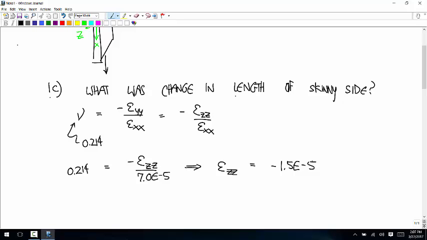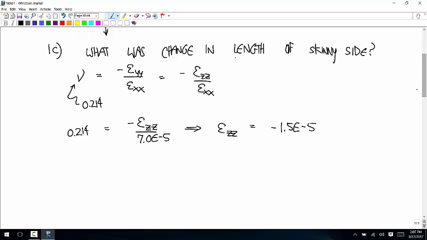Never again. And so by the definition of the ZZ strain, negative 1.5 times 10 to the minus 5 is equal to delta L over the original L, which is 0.008 maybe.